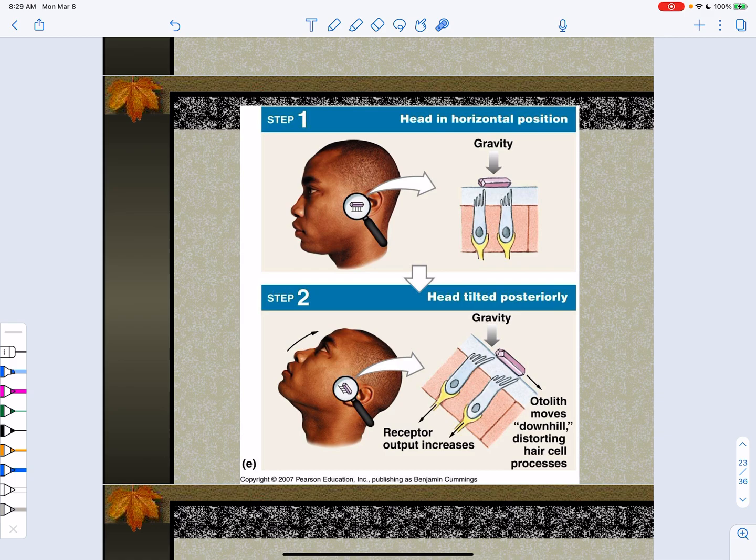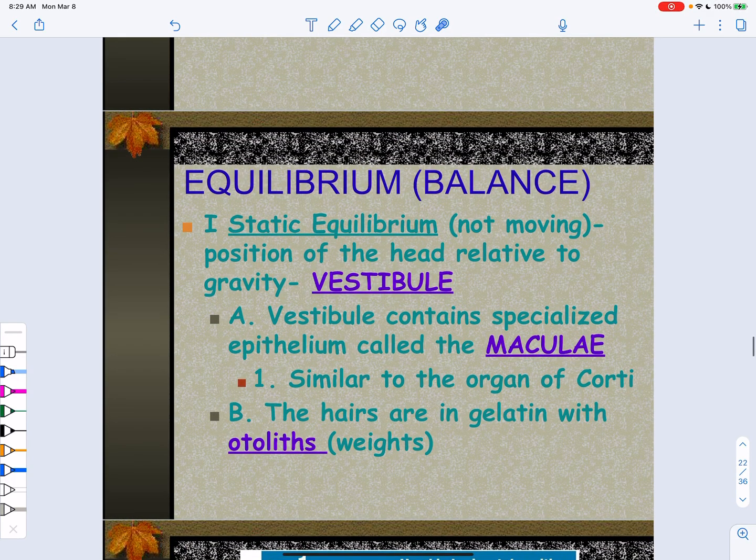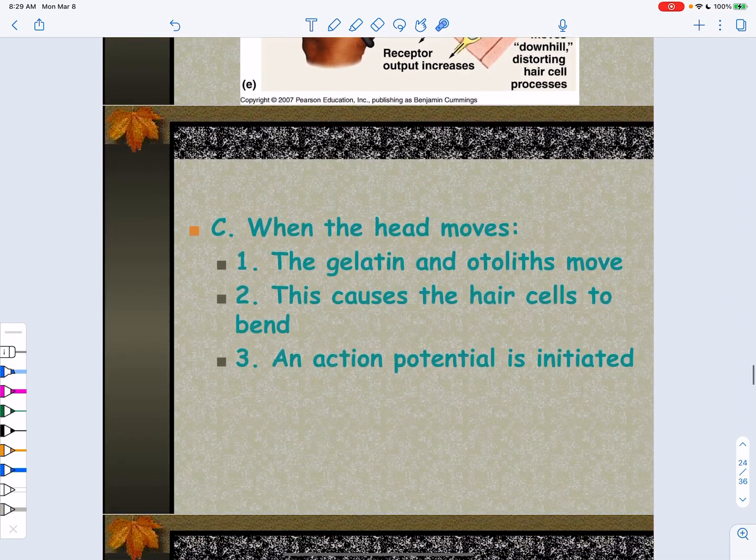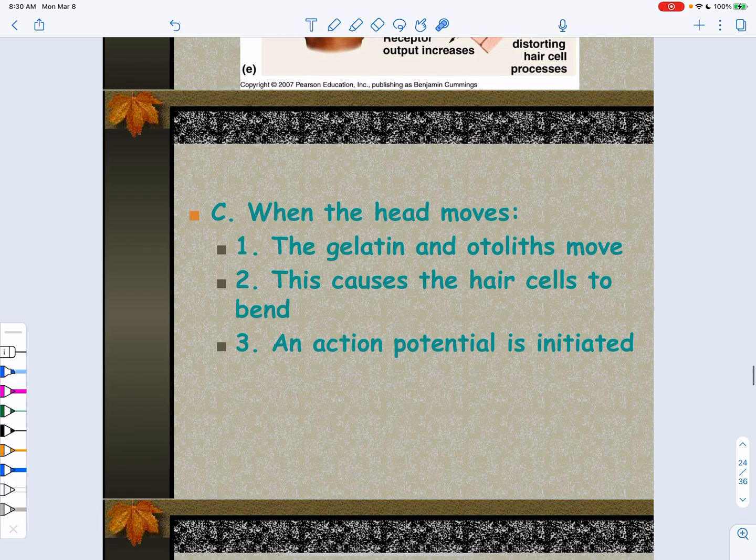All right. So again, this is static balance. This is what happens when you are not moving, but just keeping yourself upright. Okay. So when the head moves, the gelatin and the otoliths move. This causes those hairs to bend, and that initiates the action potential going towards the brain. So that is your static balance.